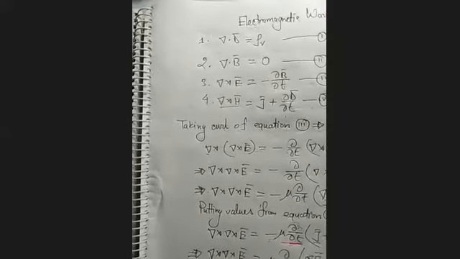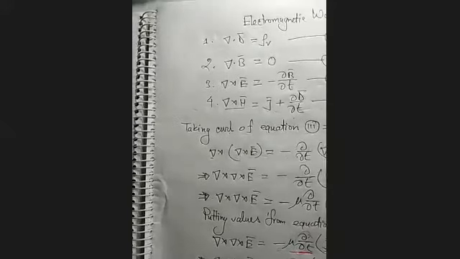If you multiply the whole part, the first one is done, it's okay. For the second one, there will be an extra del by del t. The first is del by del t, and inside there is another del by del t. So it will be mu sigma mu epsilon del square E by del t square.